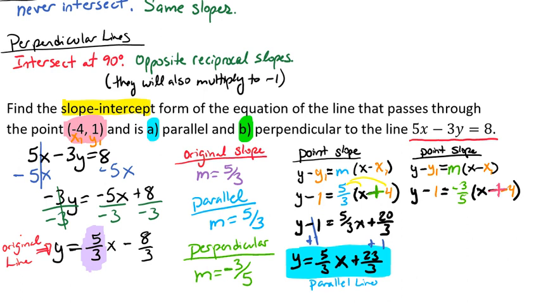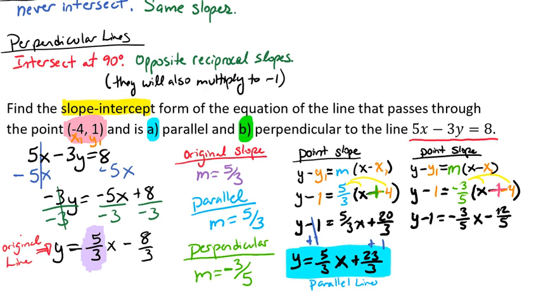And just like we did before, we're going to distribute, except this time we're distributing the negative 3/5. So now we have y minus 1 equals negative 3/5 x, and negative 3/5 times 4 is going to be a negative 12/5.